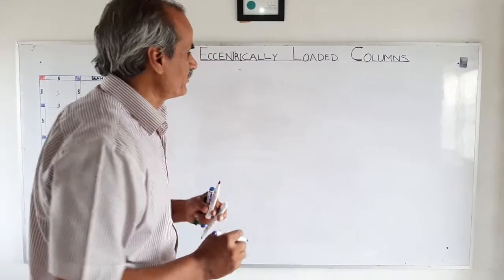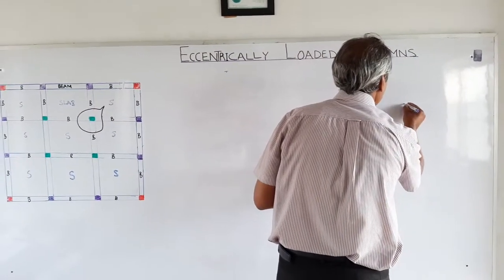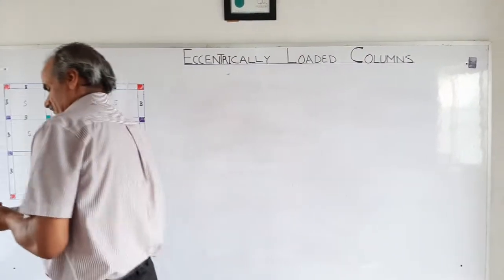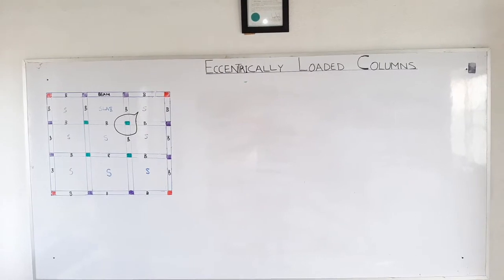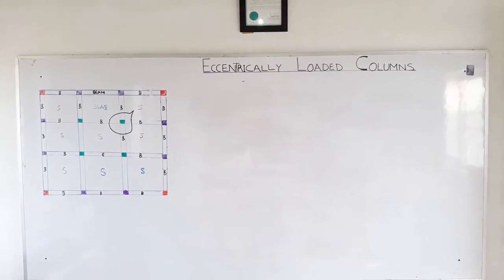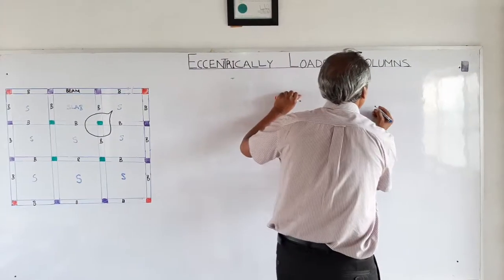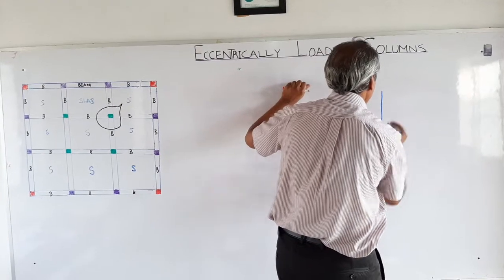Now how do we find the stresses in eccentrically loaded columns? Let's use a color other than indigo. Although in the main diagram they are given the indigo color, let's use blue.